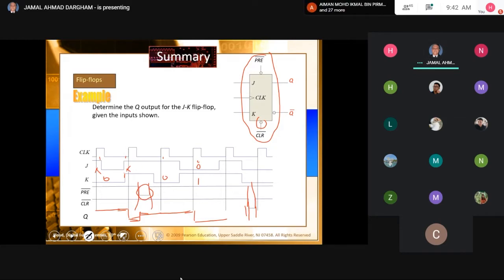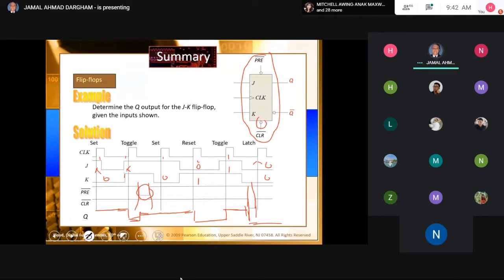Here you have 1 1, which is toggle. It was 0, it will go to 1. Here is clear, it will go to 0. And then here it is affected by J and K, J 0, K 0, so hold, it was 0, it remains 0. So that's how your timing diagram looks.